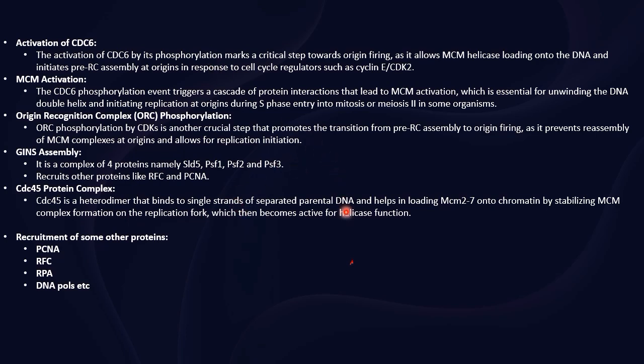It also helps in loading of MCM 2 to 7 complex. Also, this plays a crucial role in the conformational change of MCM complex from open to closed seal conformation with GINS assembly.